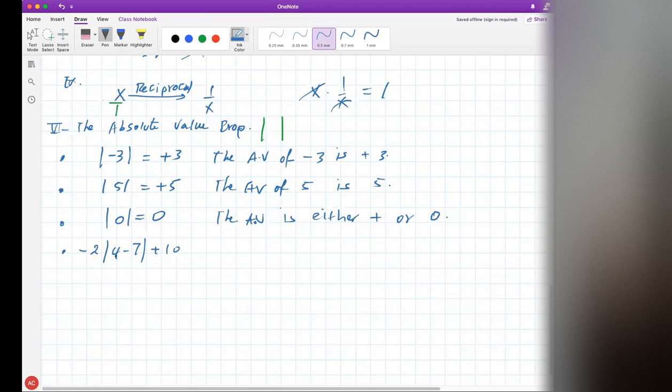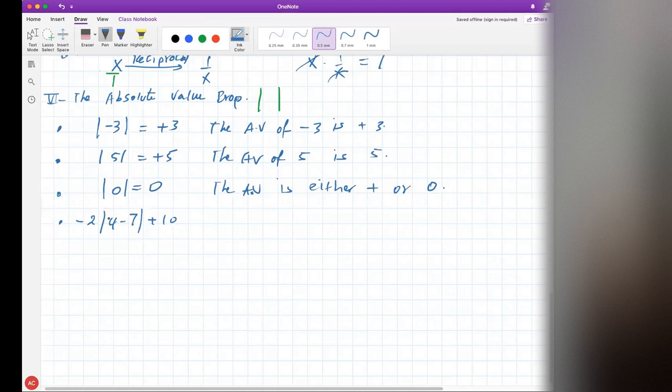The thing with the absolute value has to be done first also, just like the parentheses. They're not exactly parentheses. Part of it is parentheses, at least in the order of operations, but it turns whatever is inside it positive. Unlike the parentheses, they don't change the sign, but the absolute value does change the sign of what's inside of it. It basically makes it positive if it's not positive already.